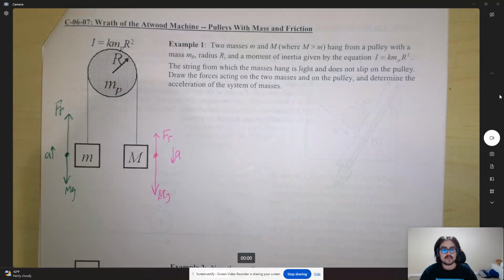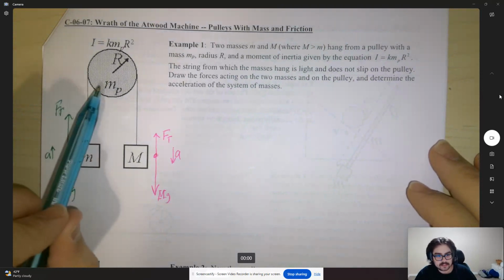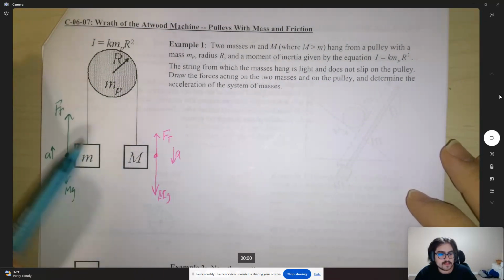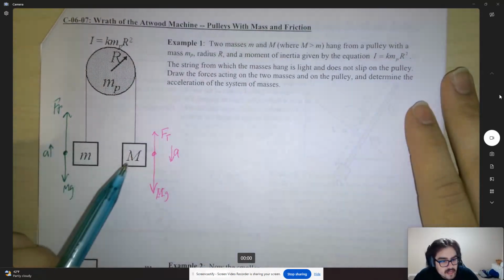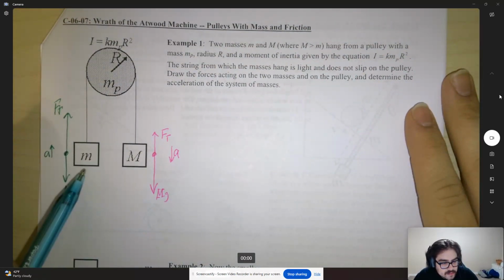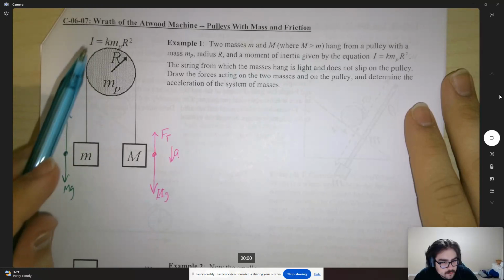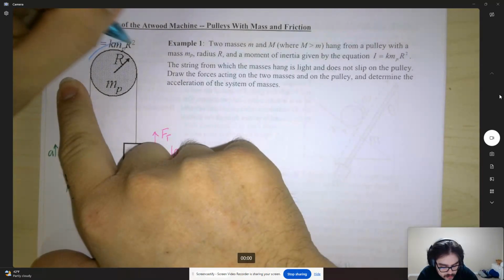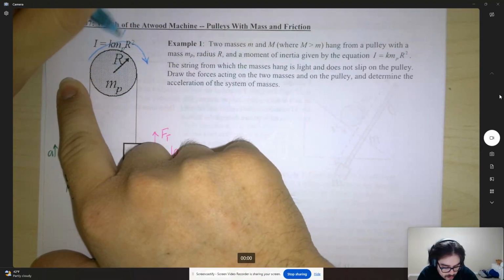So now I actually have to consider what's on the pulley. When this system is released from rest, the big M is going to fall and this m is going to rise, which means the pulley is going to have to rotate clockwise, right? So my angular acceleration is going to go this way.